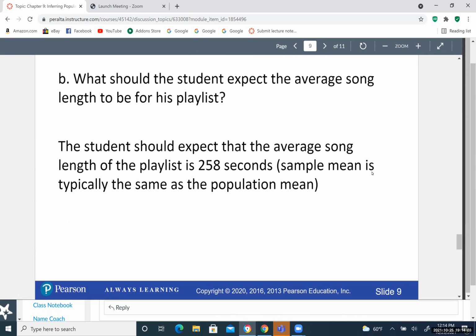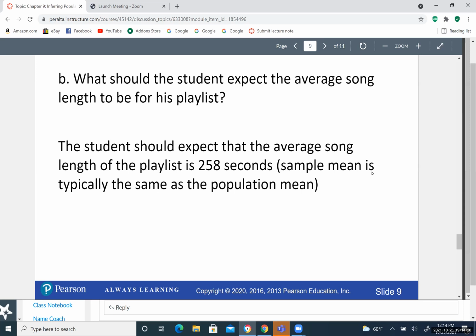Part B: what should the student expect the average song length to be for his playlist? Because he pulled out 30 of them. The student should expect the average song length of the playlist to be 258 seconds. The sample mean is typically the same as the population mean.